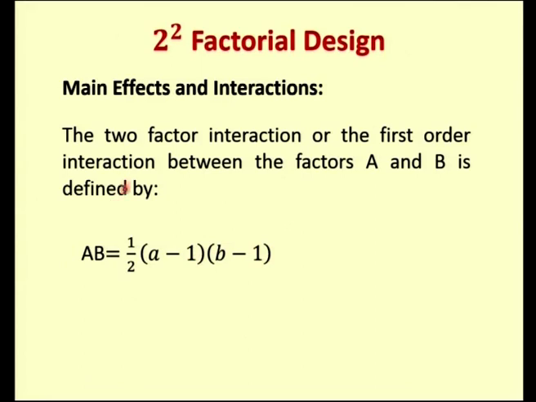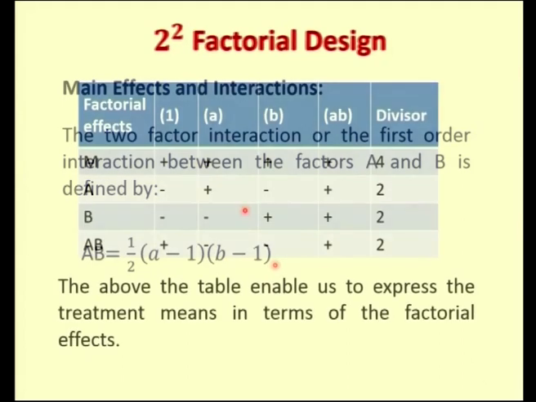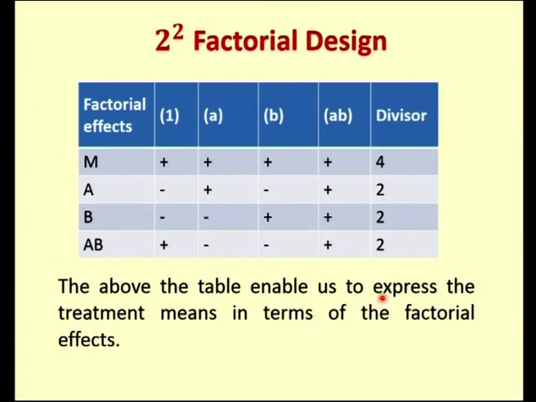This is nothing but the interaction between the factors A and B, which is given by 1 by 2 of (a minus 1)(b minus 1). This table enables us to express the different means in terms of the factorial effects. So, we have the factorial effects, the different treatment combinations, and also the divisor. This is based on the positive signs in the table.